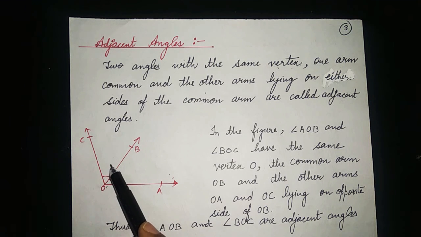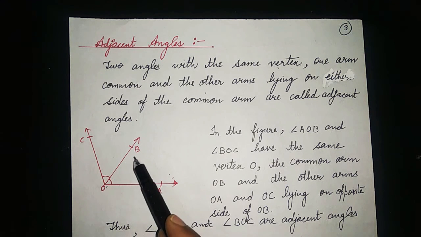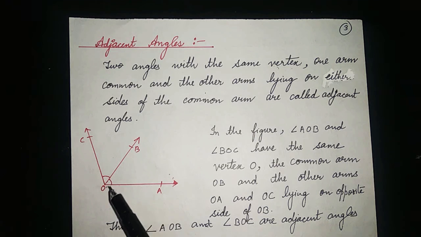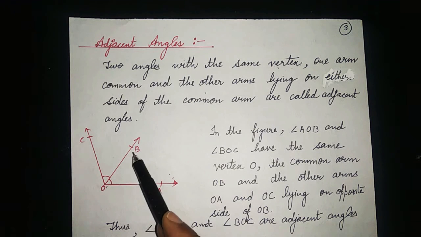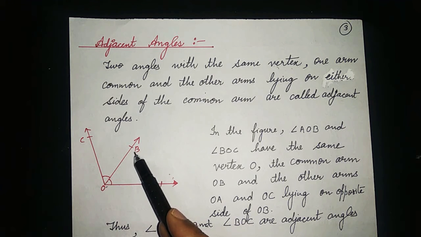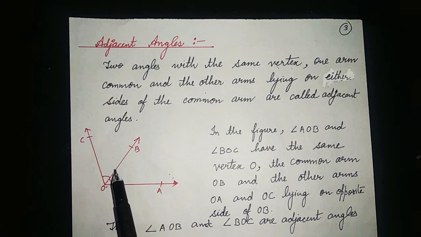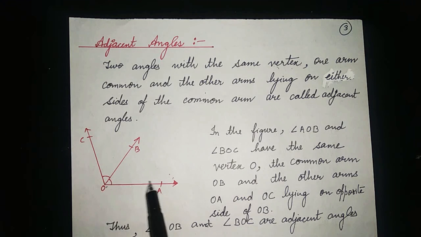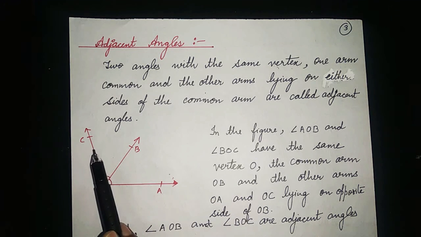They both are adjacent angles and they have the same vertex O. Okay, and the arm OB is the common arm. Okay, and it has two non-common arms also. Here OA and OC.